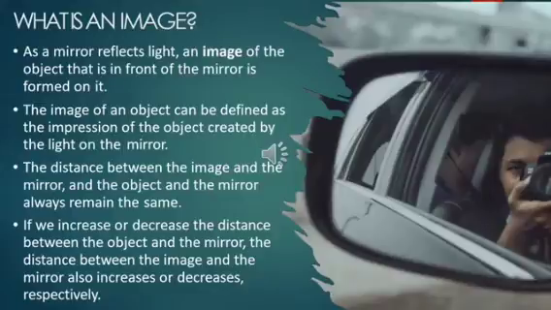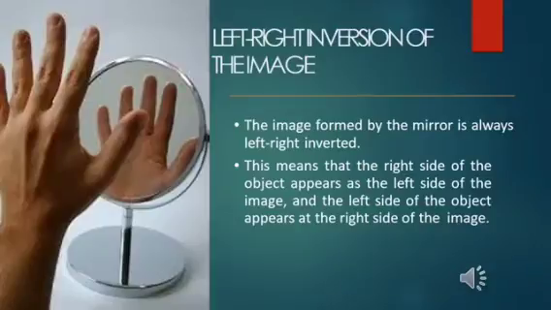So what happens if we increase or decrease the distance between the object and the mirror? The distance between the image and the mirror also increases or decreases. This is one more characteristic of the image that is formed in your mirror. So this you can try at home.